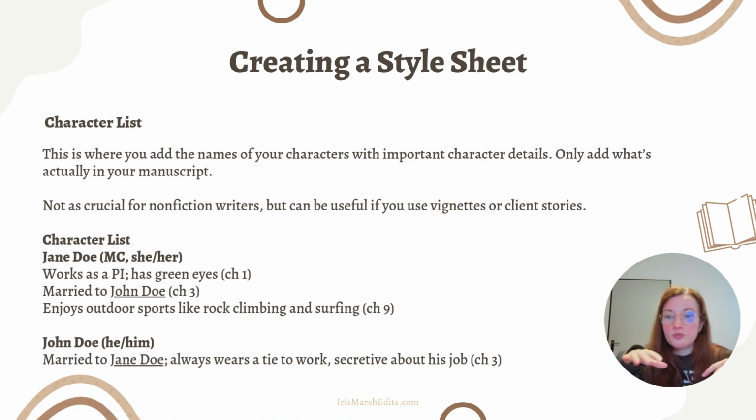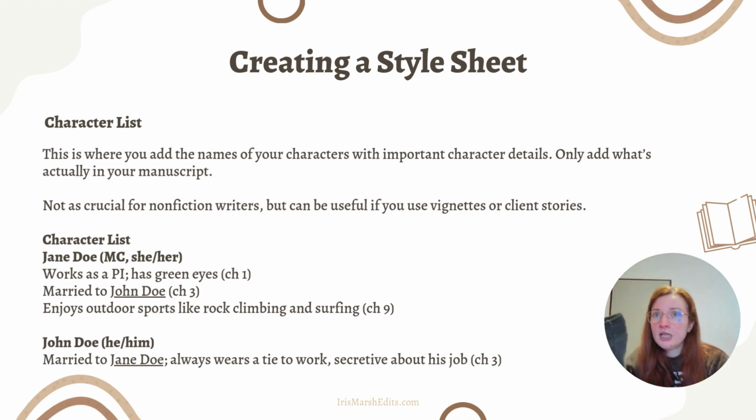And then I put their names in there, or a descriptive name if no actual name is given, along with whatever bit of description is in there of them. And again, you can put the chapter numbers behind them to see where these things are mentioned.